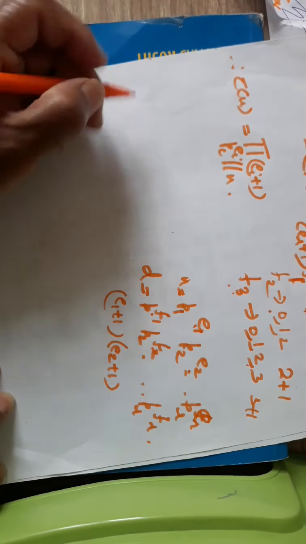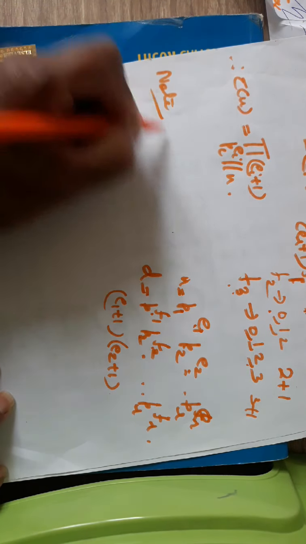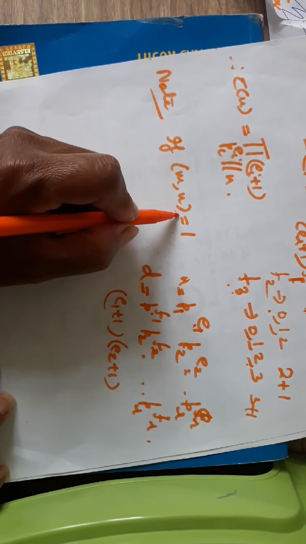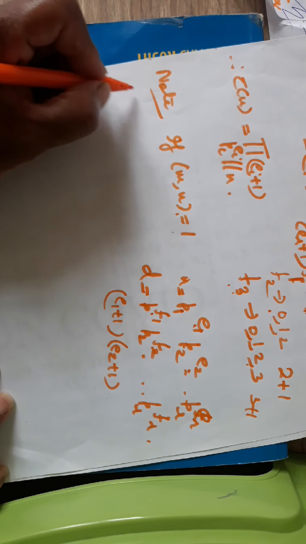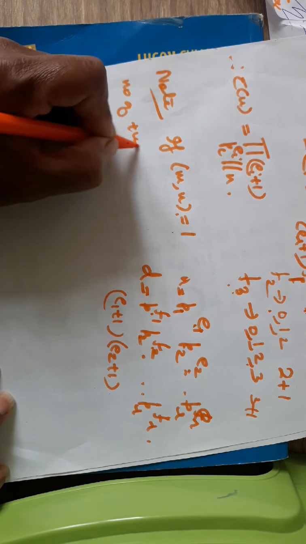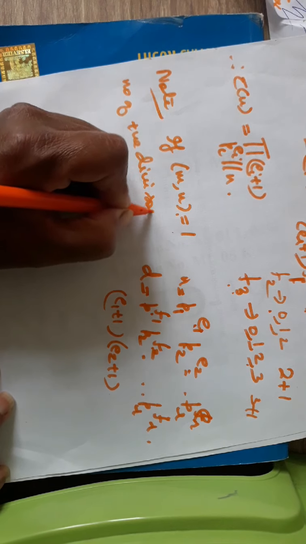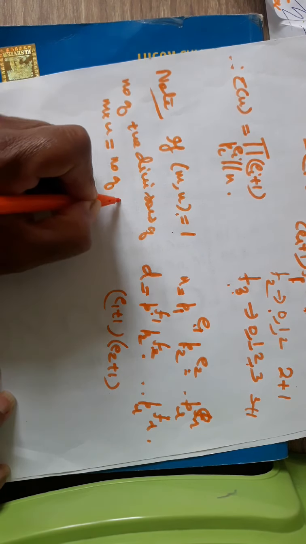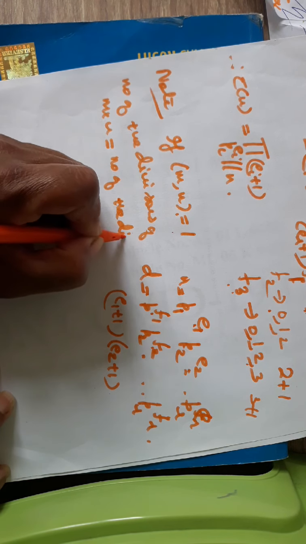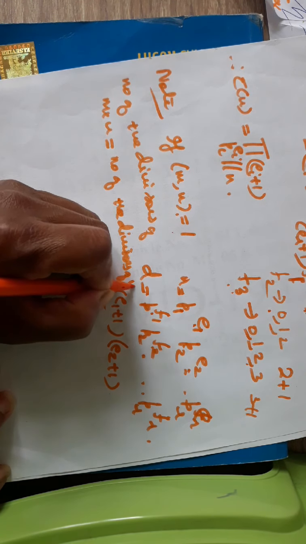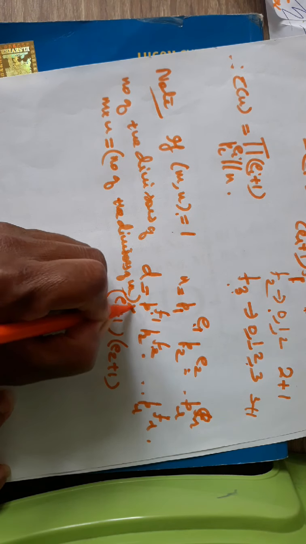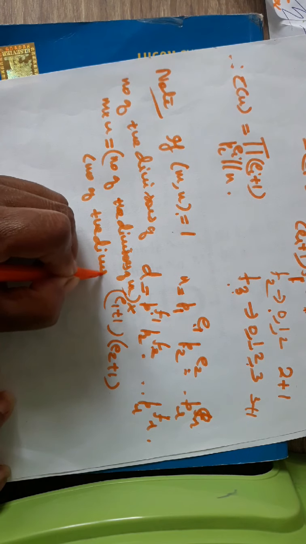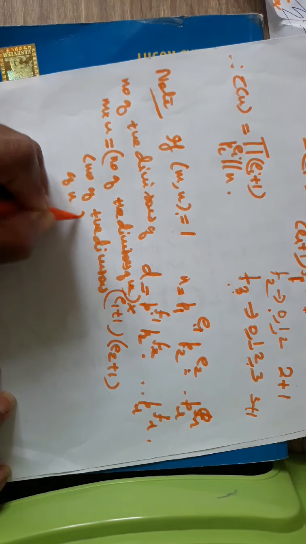Note that if GCD of m and n is equal to 1, meaning they are relatively prime, then the number of positive divisors of m into n is the number of positive divisors of m into the number of positive divisors of n.